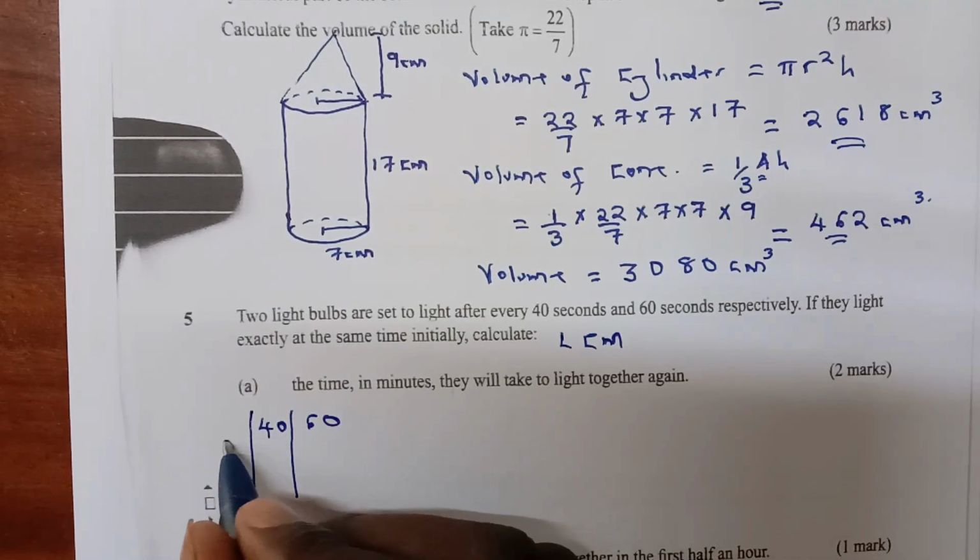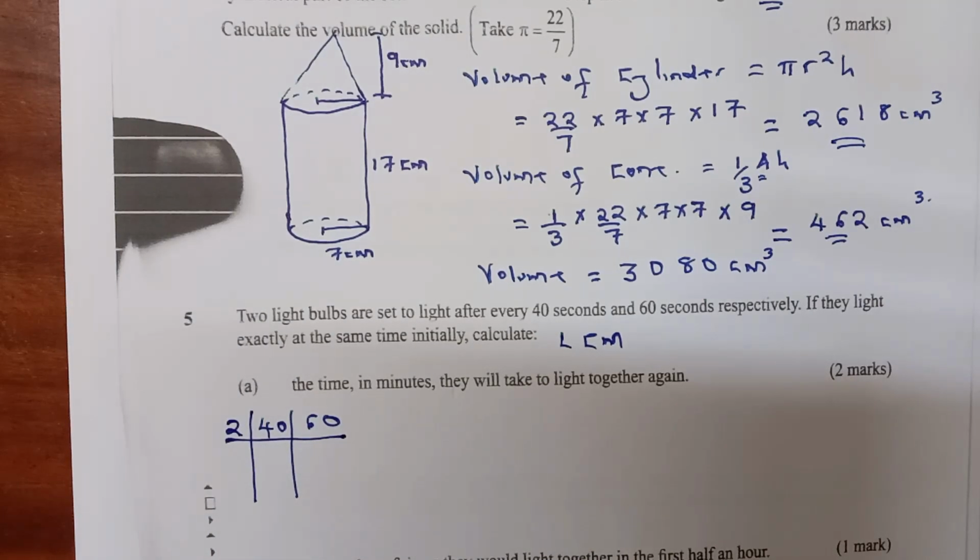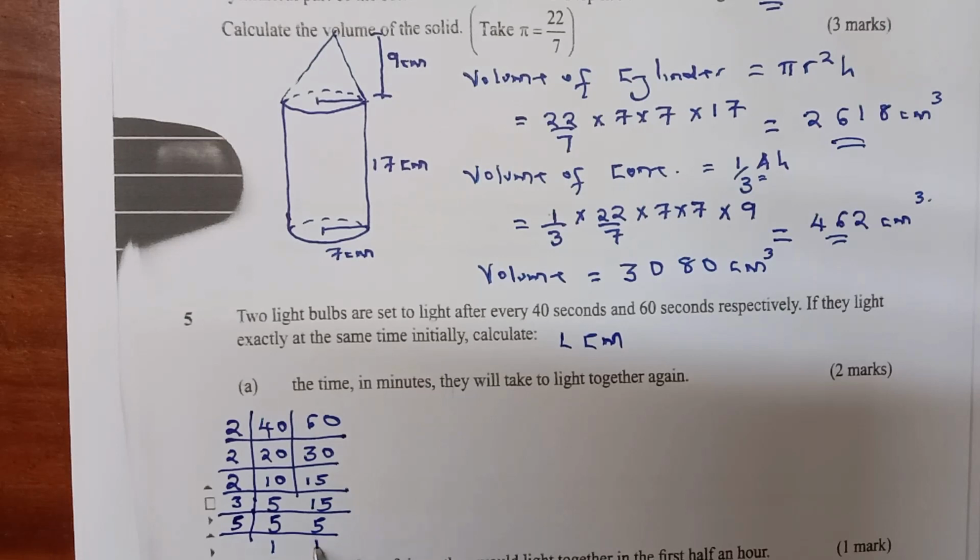Now, trying to find the LCM of these, we start with the least multiple, which is 2, and this one gives us 20, 30, followed by 2 again, gives us 10, 15, followed by 2 again, it gives us 5, this one remains to be 15, then followed by 3, this one is 5, this one is 5, then lastly you'll have 5, which gives us 1, 1.